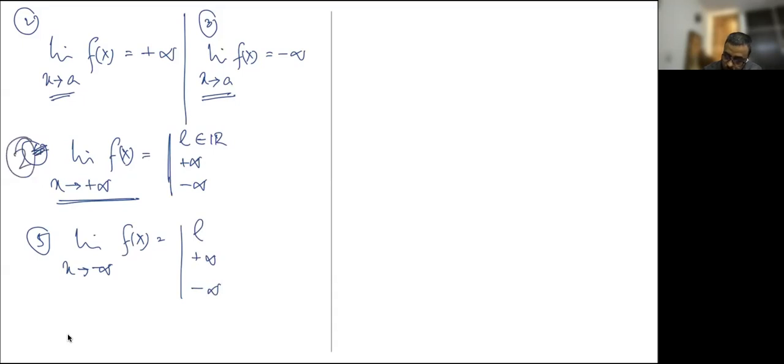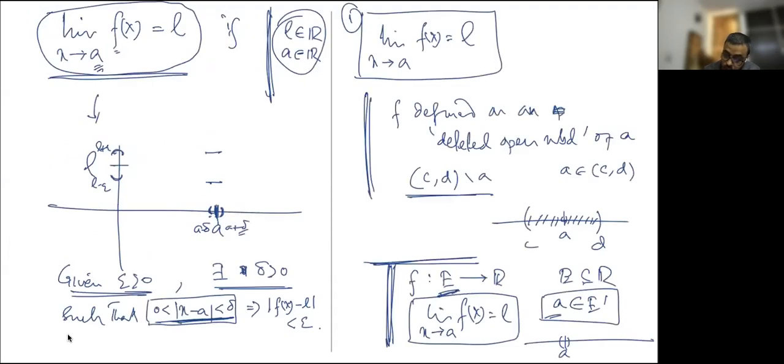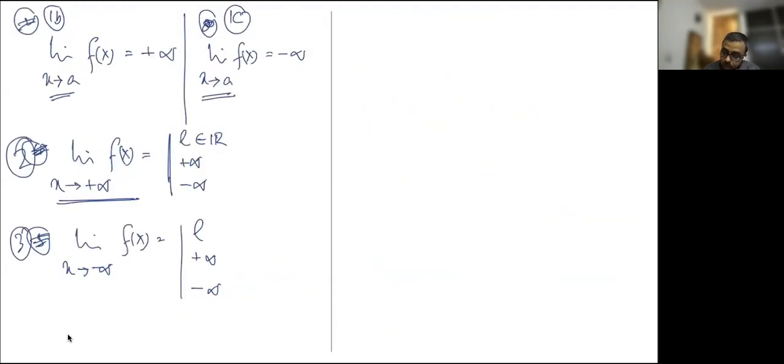So strictly speaking, this should come under 2ABC, 3ABC, and this should be 1B, this should be 1C, and the previous page, this should be 1A. Okay. So near a real, near plus infinity, near minus infinity, and then where does it go to?